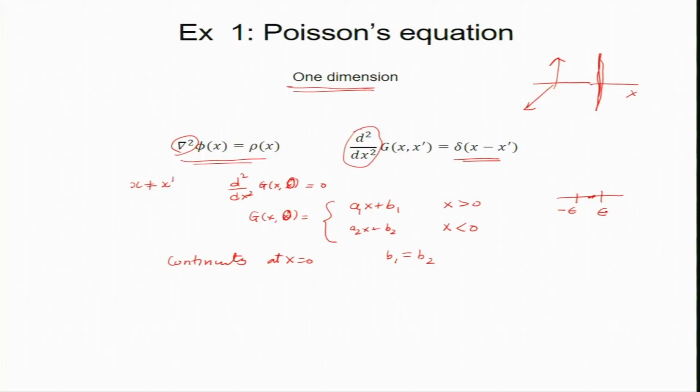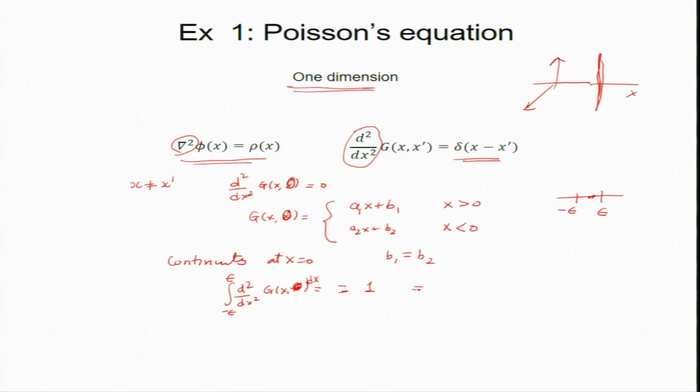The integral of the delta function from minus epsilon to plus epsilon is 1.